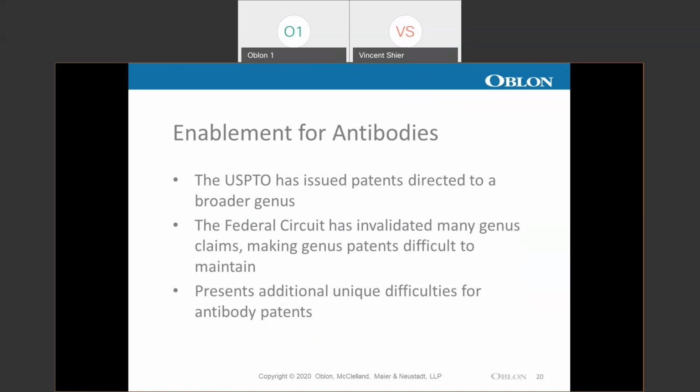These are the very patents that are now covering therapeutic antibodies that are currently on the market or undergoing regulatory review. Also, many of the pending applications were drafted prior to Amgen, and as such were drafted with a very different mindset of what was patentable.